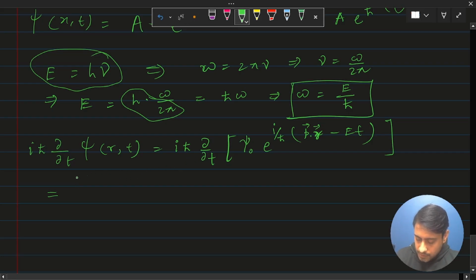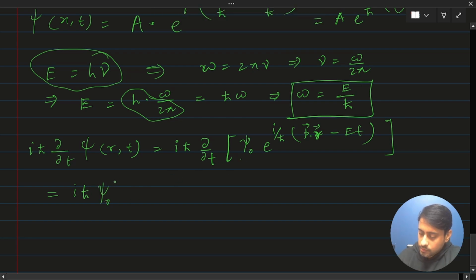So the first thing you need to write is i h bar. This is the psi naught term. So the derivative of the exponential will give you the same exponential, e to the power i over h bar, p dot r minus Et.